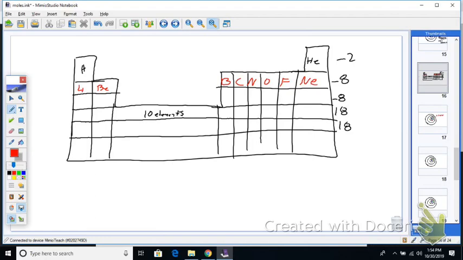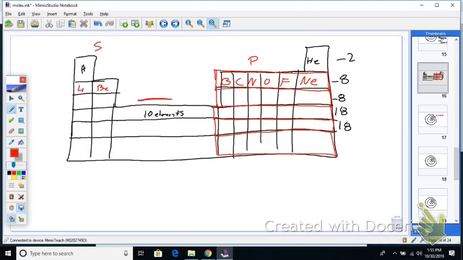If you count across this section right here, those are your P's. So all of these sections across here represent filling P sublevels. You're filling P. So these are all the P's. These are all the S's, excluding helium.